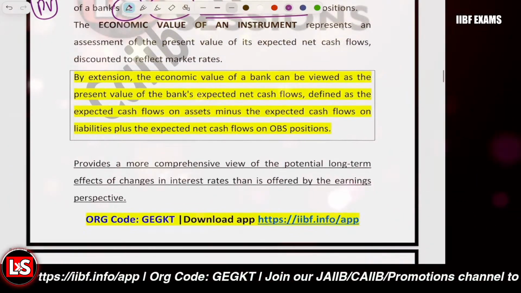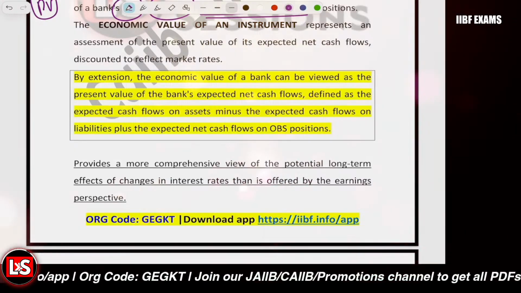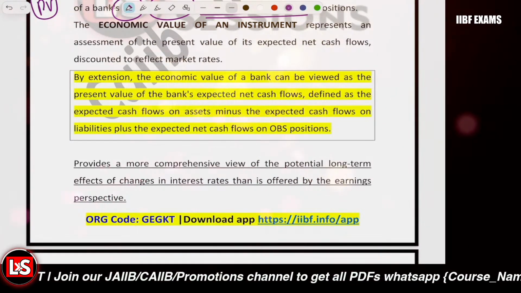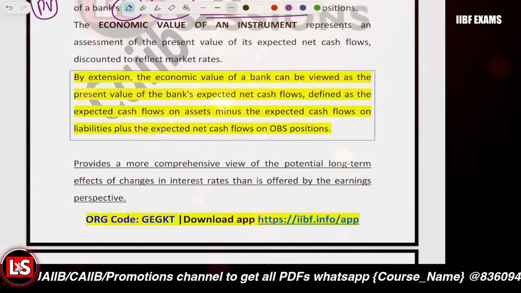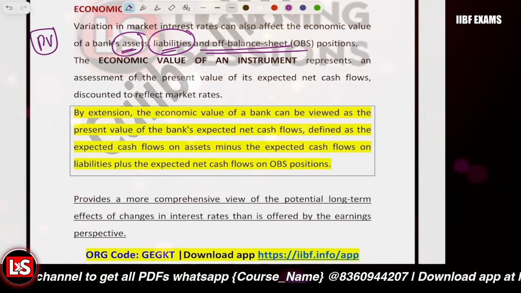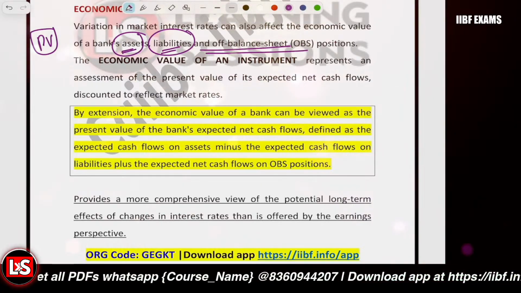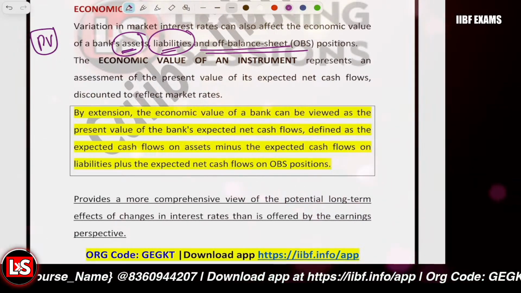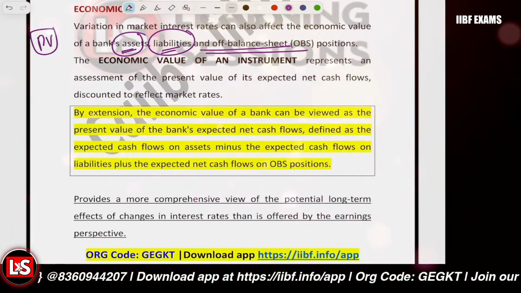Clear with it? When we talk about the economic value of the particular bank, we are talking about the present value of the assets, the present value of the liabilities, and the present value of the expected off balance sheet positions. Assets means the loans, investments, advances.